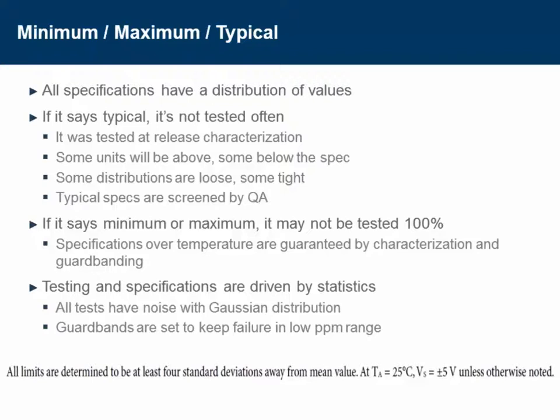And again, as we say, the QA also does acceptance testing of production lots, and our outgoing QA is in the few parts per million of devices that don't meet spec, and this is of all specs for the product. So very, very few products would be even a little bit out of spec.